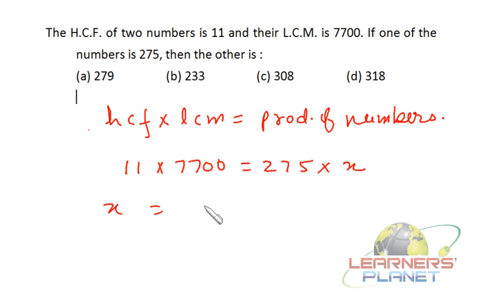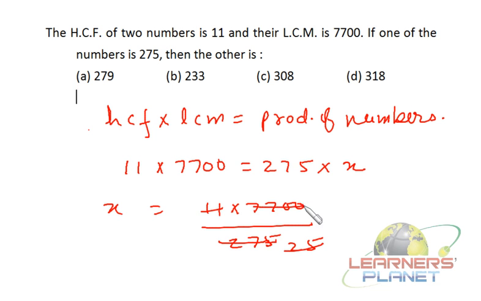Now x will be 11 into 7700 by 275, so it's 11 into 25, 25 3's are 75, 20, that means 0, and 25 8's are 200. Okay, so it's 308. That means it is the correct choice.